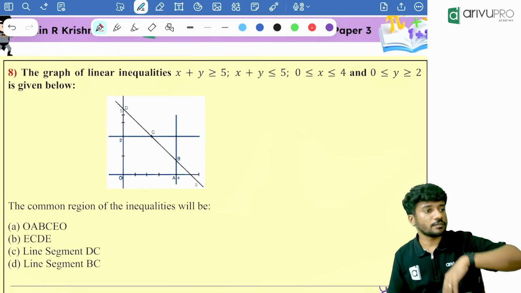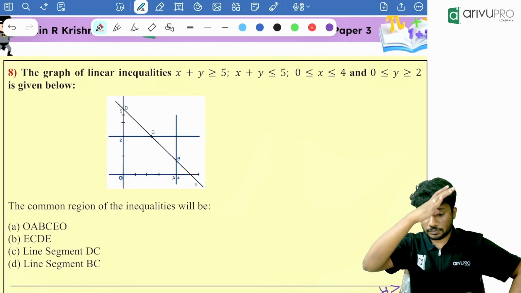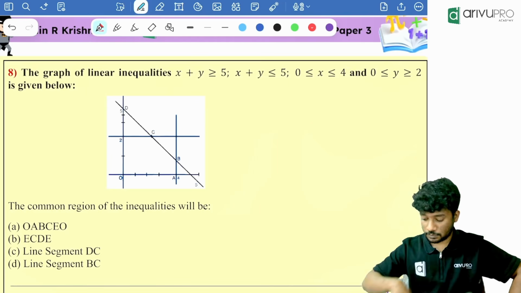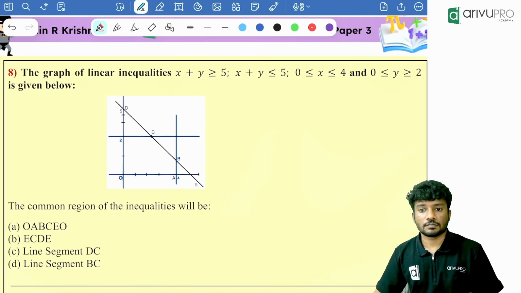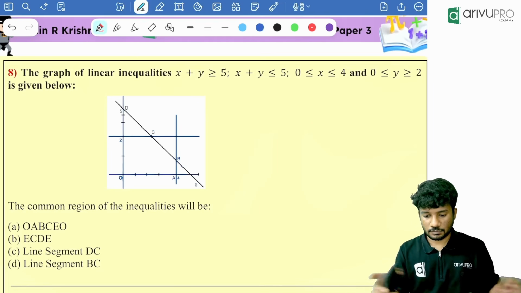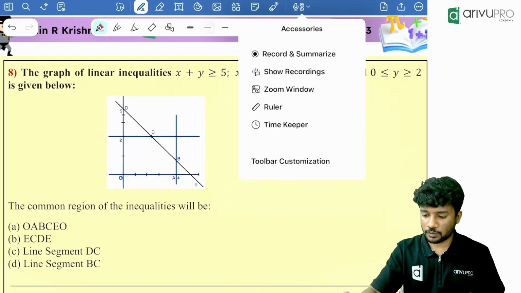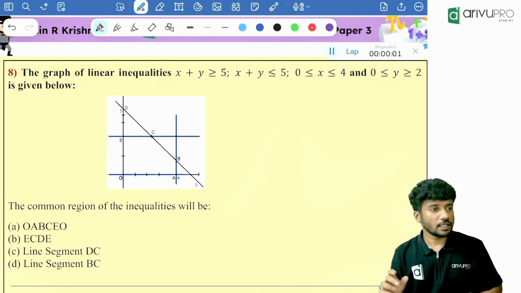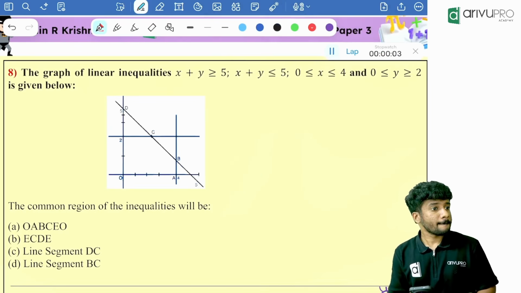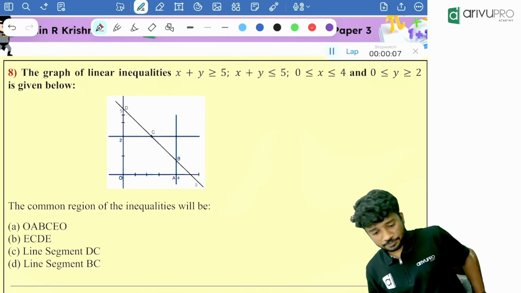Have a look, please. Solve it. Timer starts now because we have enough time. Try. Check again.